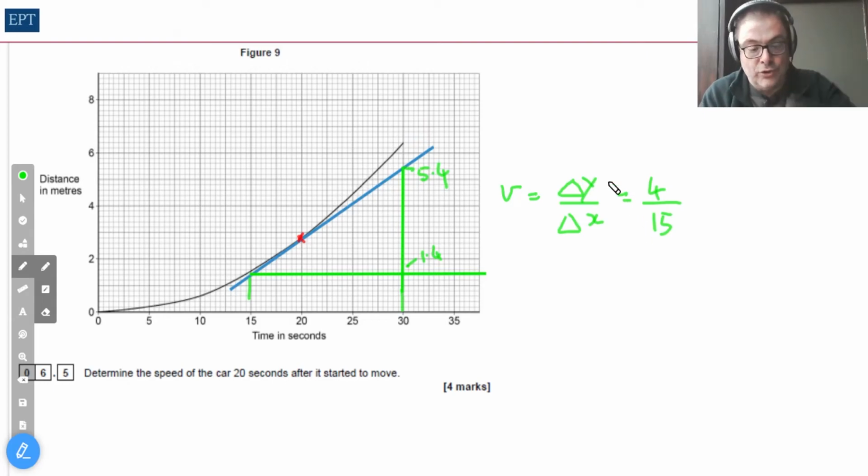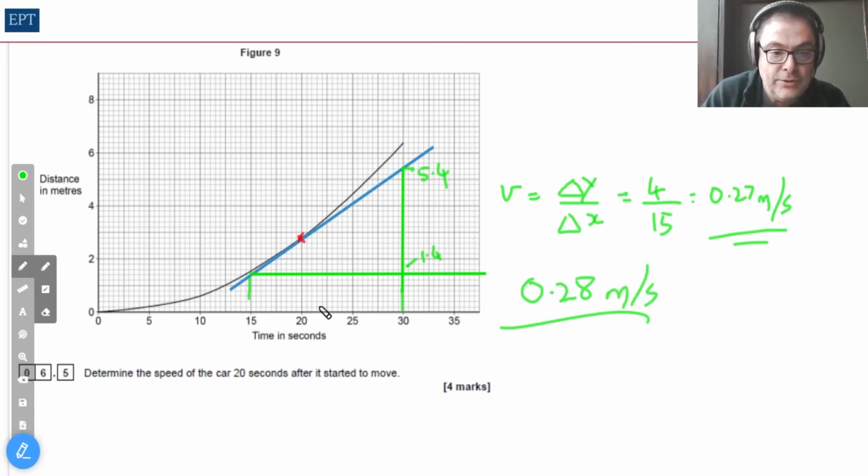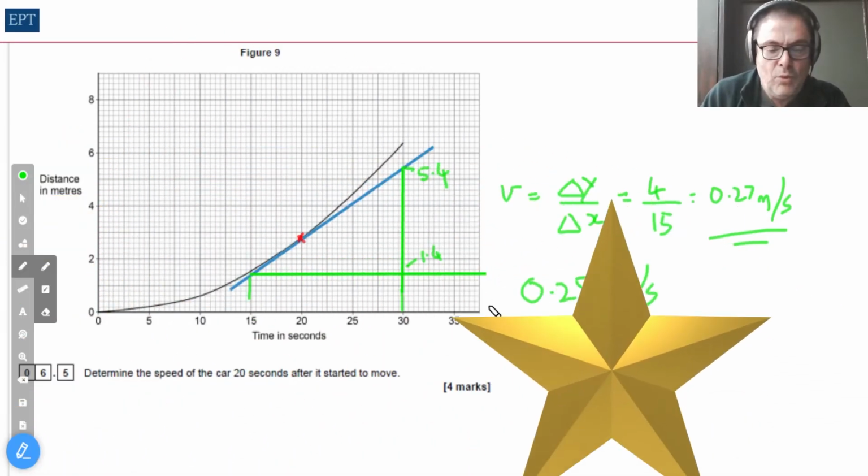Now, if we type that jolly lot into a calculator, 4 divided by 15, 0.27 meters per second. Now, actually, I'm pretty pleased with that result because the mark scheme gives us the answer of 0.28 meters per second. So given the fact that I'm enjoying doing this on a computer screen, I think I've done pretty well there. Well done me.